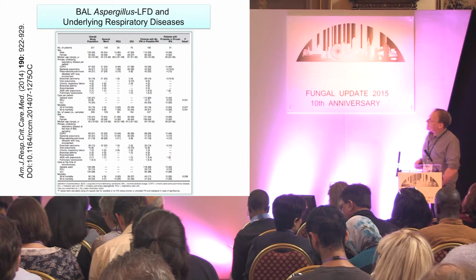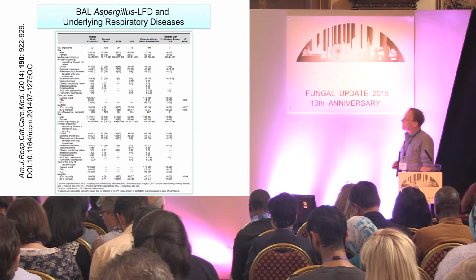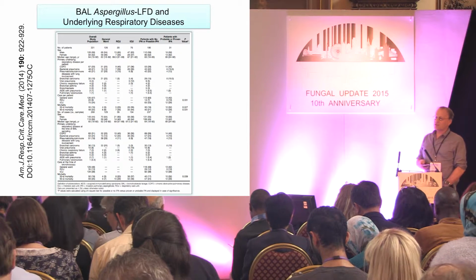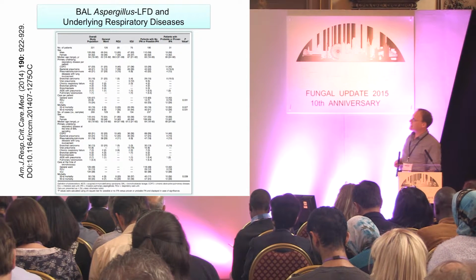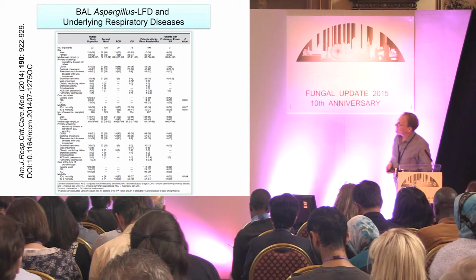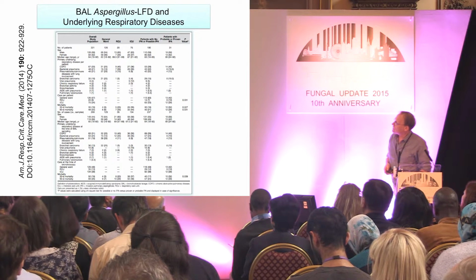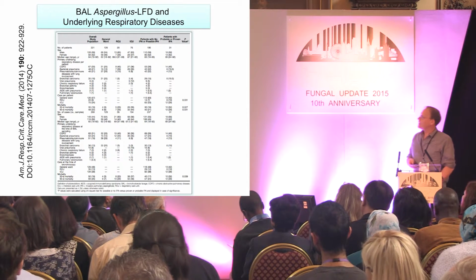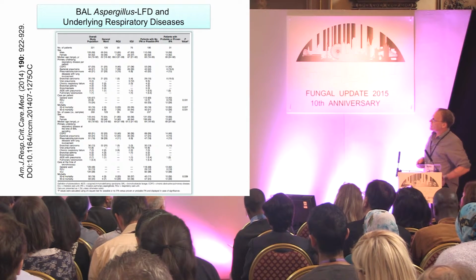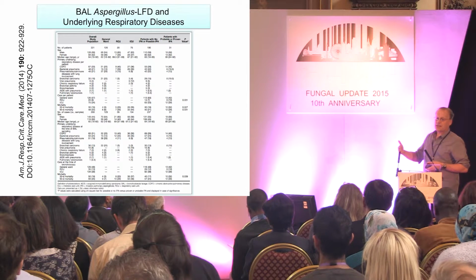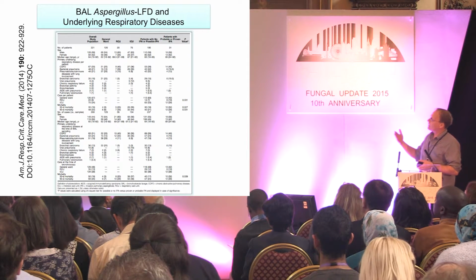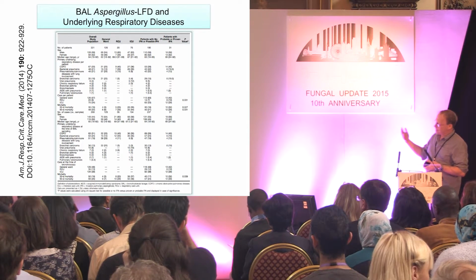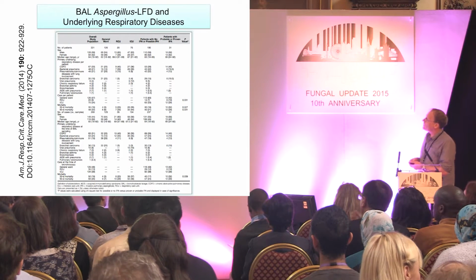Okay, what we've also done is very recently we've looked at a whole load of patients with underlying respiratory diseases, COPD, all sorts of other breathing difficulties, AIDS with pneumonia, tuberculosis, etc. And again, using BAL fluids, comparing various different techniques, culture, galactomannan, and the lateral flow device.